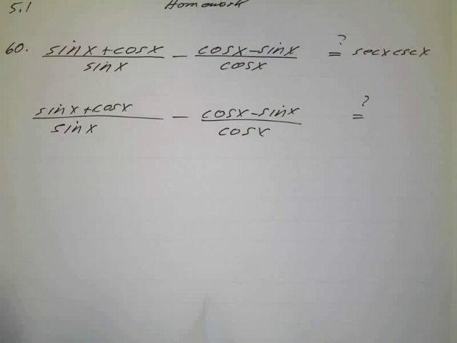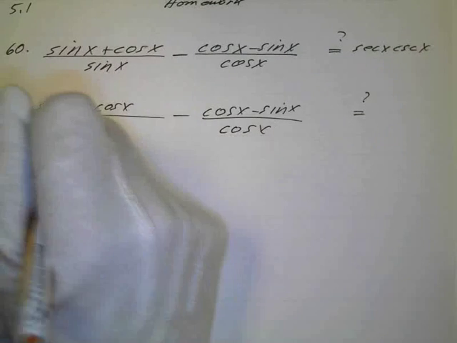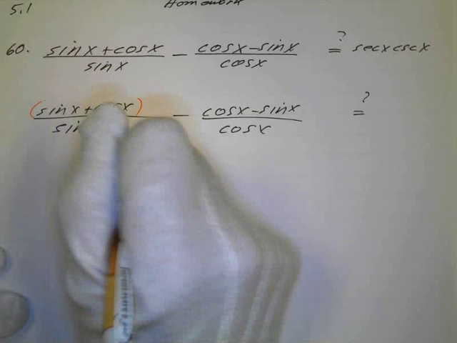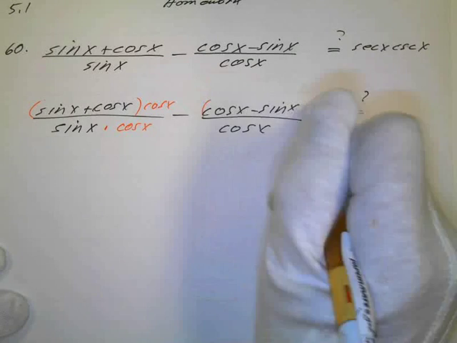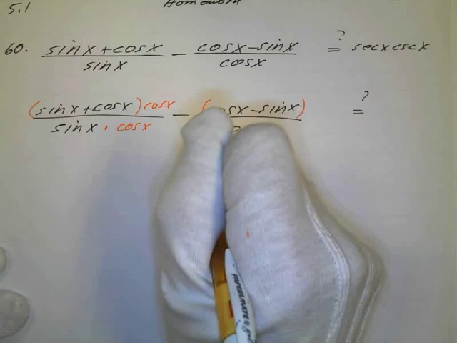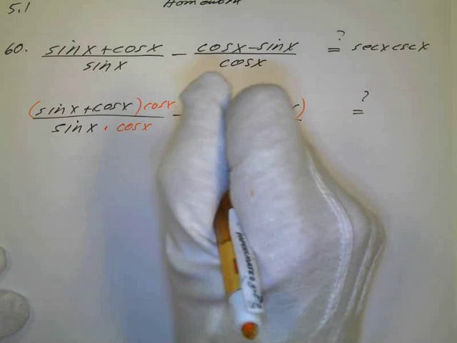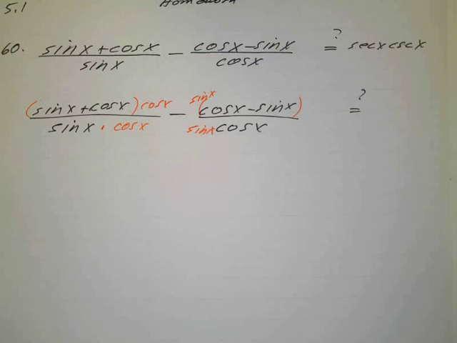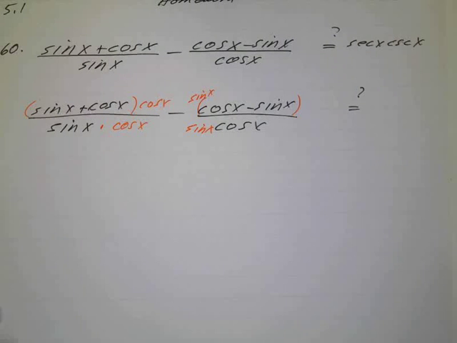And then I need a cosine sine, so I have to multiply the top and bottom here by the cosine. And then here I multiply the top and the bottom by the sine, I guess. Okay, so do that and see what happens.